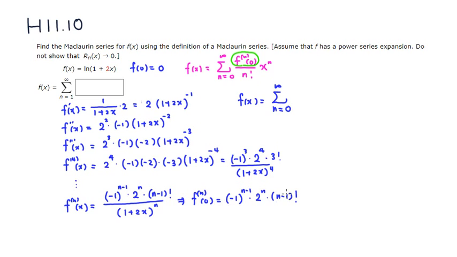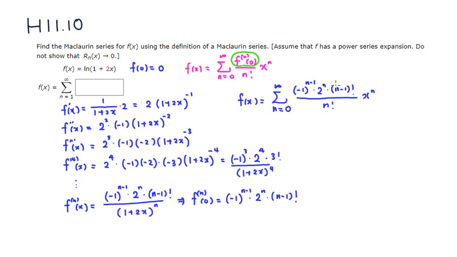The expression we got was negative 1 to the n minus 1 times 2 to the n times n minus 1 factorial, divided by n factorial, then x to the n.